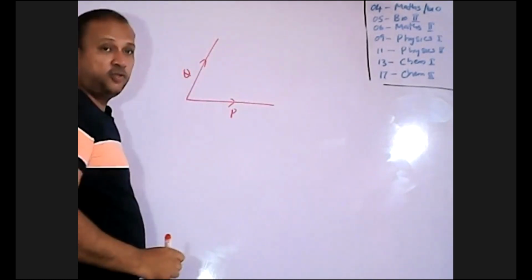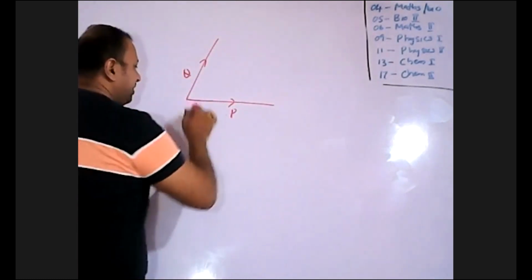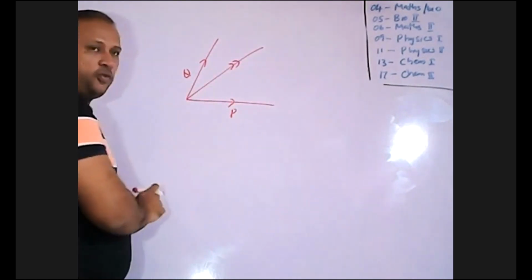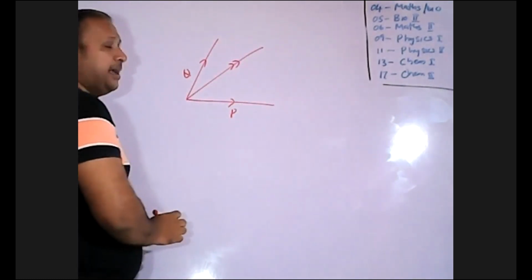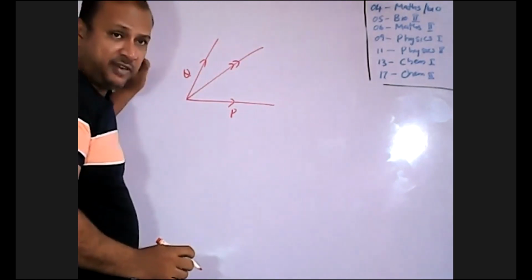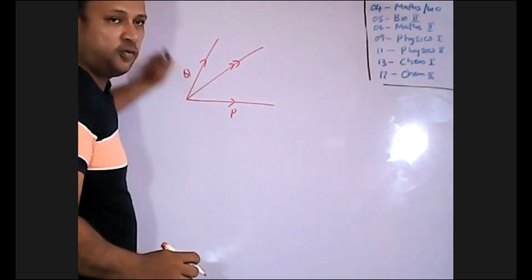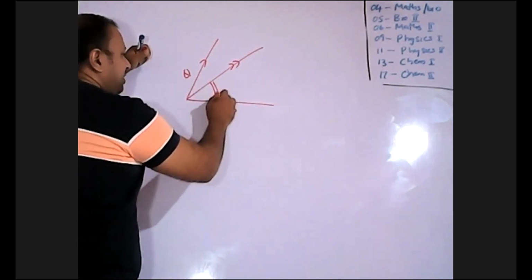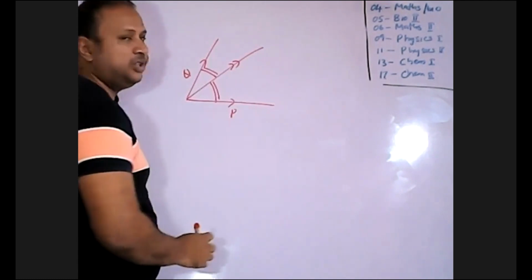Suppose there are two forces P and Q. Then the resultant force of those two forces makes equal angle with these two forces. And that means this angle and this angle are equal to each other.